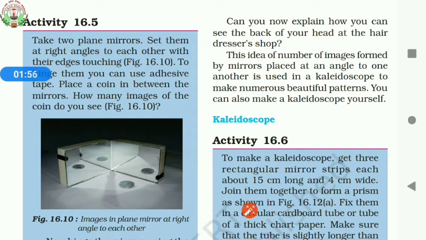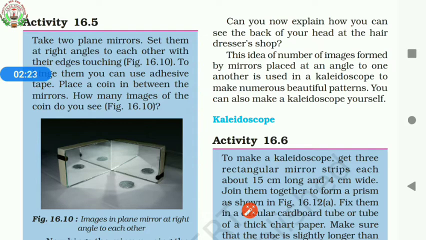Whereas in diffused or irregular reflection, the reflected rays will not be parallel to each other, and it is caused by the irregularities in the reflecting surface. We had also seen that the reflected light can be reflected again.